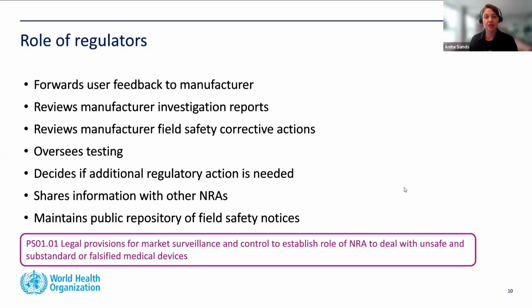You might also want to share this information with other regulators, and the easiest way to do that is by having a public repository of field safety notices. So any field safety corrective action is notified through a one-page document, preferably one page, called a field safety notice.